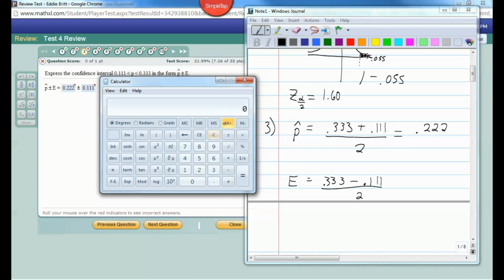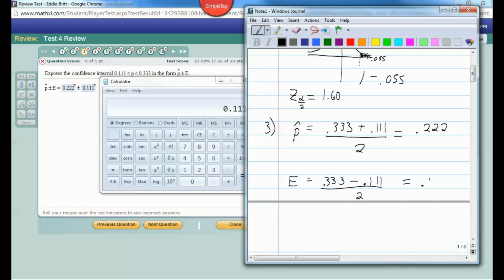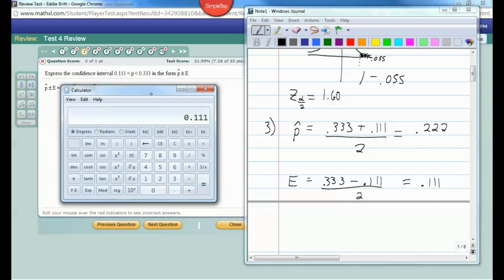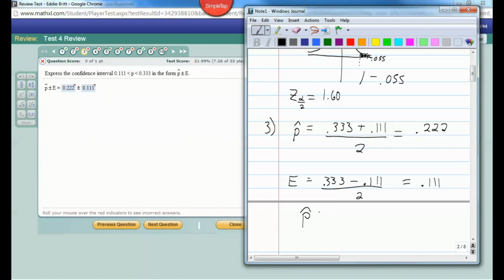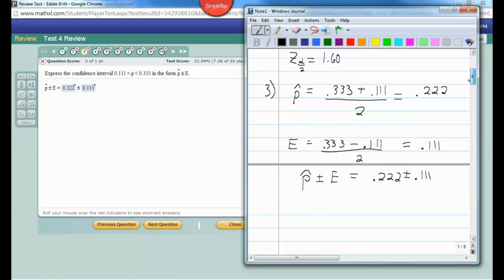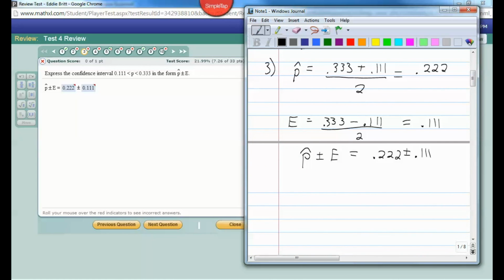The margin of error, 0.333 minus 0.111 divided by 2. So it's 0.111. All right, so the problem asks us to write that as p hat plus or minus the margin of error. So that's 0.222 plus or minus 0.111. Okay, let's go to the next problem.